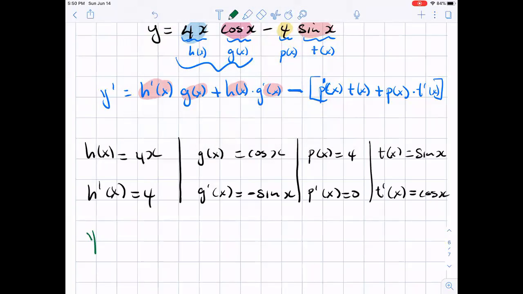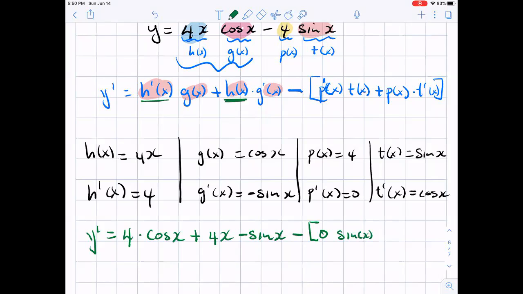So y prime is equal to h prime, which is 4, times g of x, cosine x, plus h of x, 4x, times g prime, minus sine x, minus, bracket, p prime is 0 times t of x, sine of x, plus p, which is 4, times t prime of x, cosine of x.